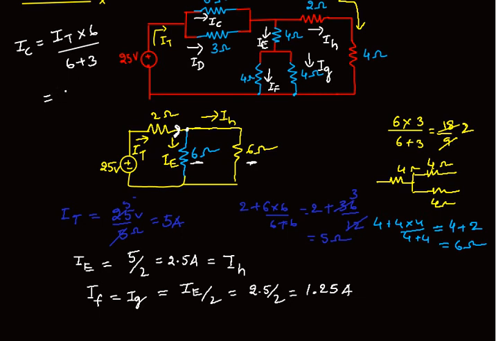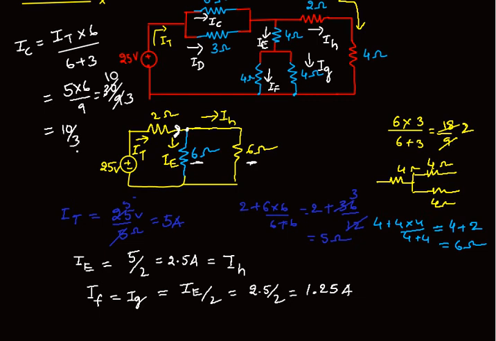So that is equal to 5 into 6 by 9. So that is 30 by 9. So you will get 3 3s are 9, 3 tens are 30. So 10 by 3.